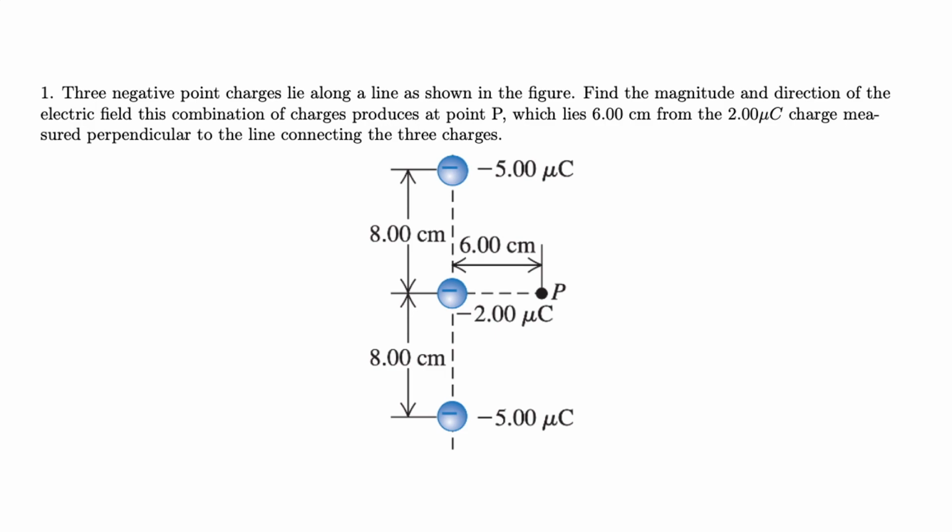So this was the problem that you tried to solve in the first quiz. The problem is you have three negative point charges which lie along a line as shown in the figure, and your task is to find the magnitude as well as direction of the electric field that this combination of charges produces at point P, which lies 6 centimeters from the 2 microcoulomb charge measured perpendicular to the line connecting the three charges.